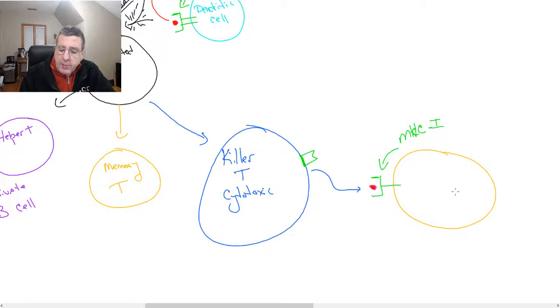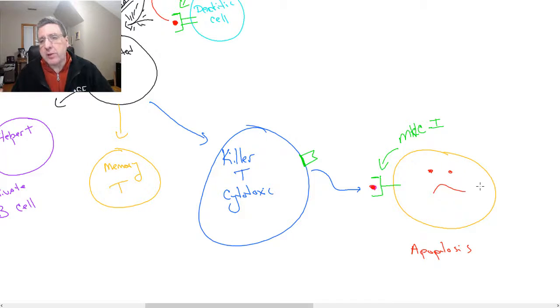And what happens to this cell is it undergoes apoptosis, or programmed cell death. So basically, this cell is killing that cell, or that cell is initiating apoptosis and it's destroyed.